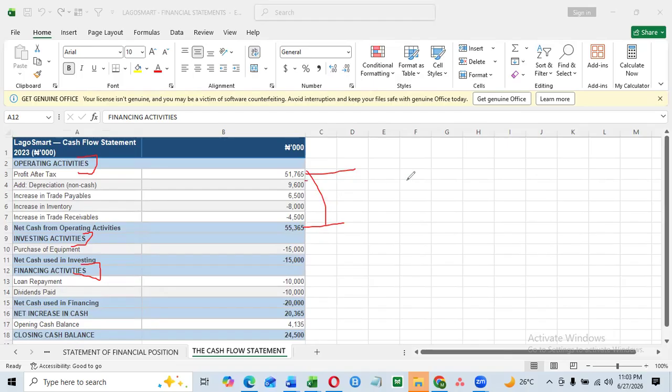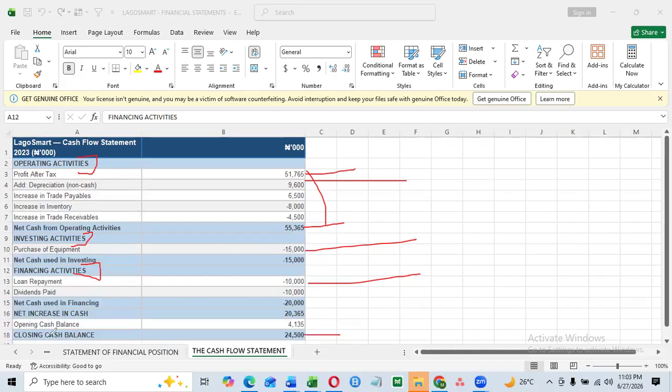Now, after investing in new equipment and after repaying loans, their cash went up. Can you see that their cash went up by 20.36 million? This confirms the closing cash balance on the balance sheet of 24.5 million.